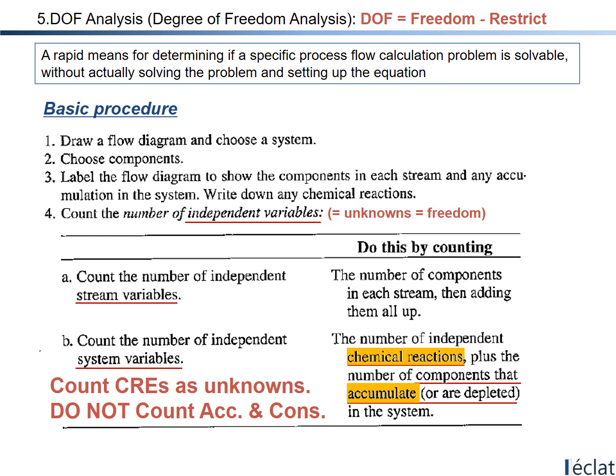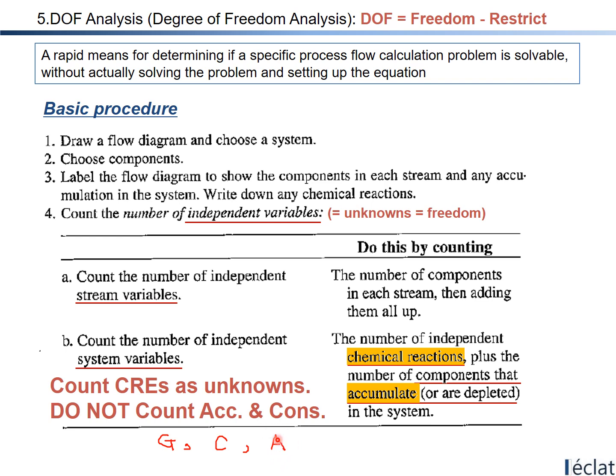The first one is the generation. The other is the consumption term. The other is the accumulation term in the system. So I have said you should count the number of components that accumulate. That is related to the accumulation term.